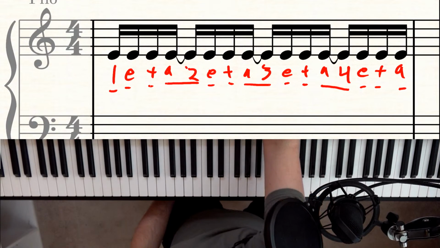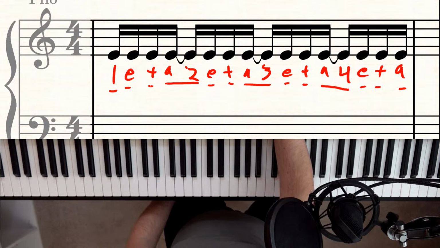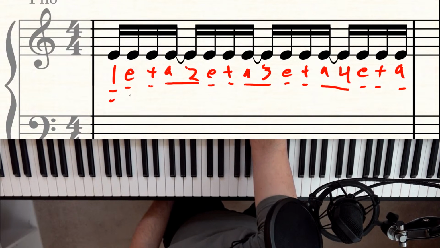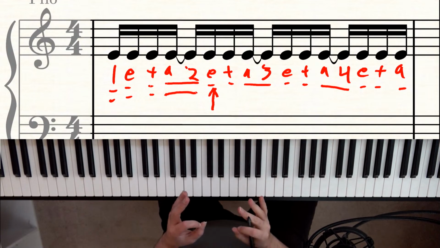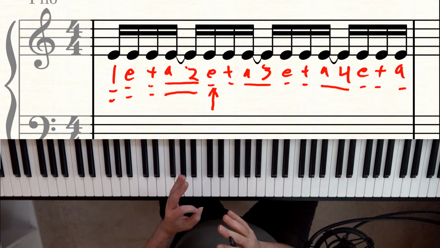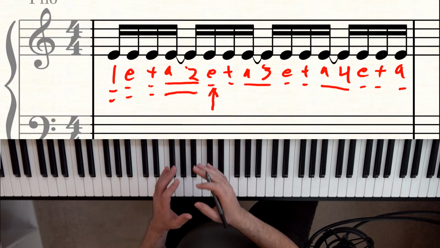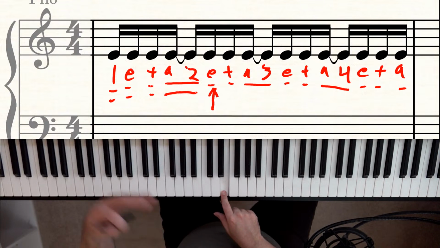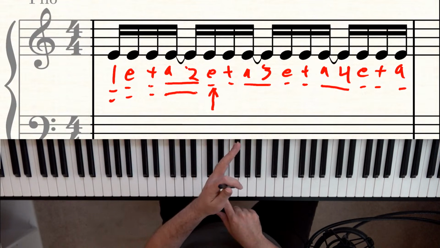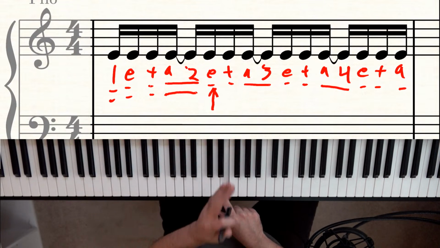So we are hitting all these underlines where I have, so I hit 1 E and here's where we're holding over, right? 2, and my attack point is right here. And the reason it's the attack point, because that's the note that I'm moving off of after I've held notes before. Like I said, it's easy to hold down a note, but it's really how long do you hold it, and the attack point will make sure you get it exactly right every time.